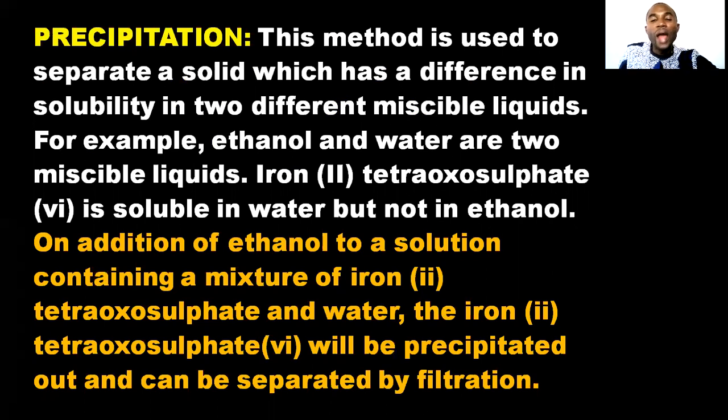So when we have two miscible liquids but a substance that has different solubility in them, it can be done like this one we are talking about. It is soluble in water, but when ethanol is added, it will be precipitated out.